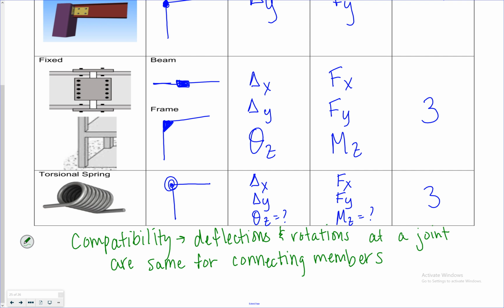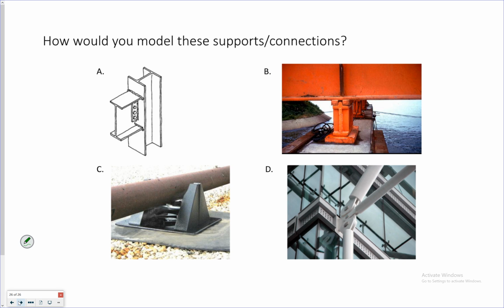So let's take a look at a couple of different connections and think about what type of idealized connection or support or joint we would use if we were modeling them. Look at letter A. We have a beam where the web and the flanges are all connected to the column by welds.